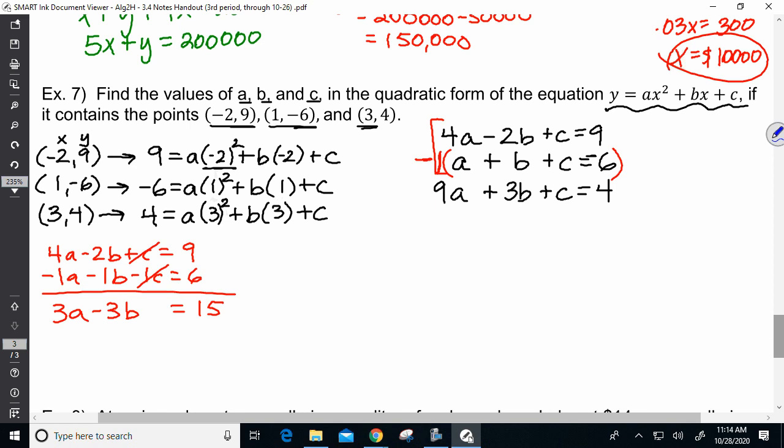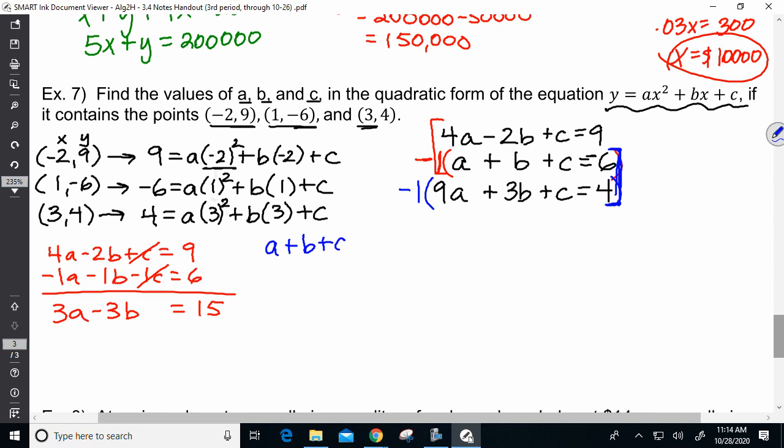So now we have to get rid of the C again. Let's use the bottom two equations. We can do the same thing. Multiply one of them by -1. So notice you're starting to get a lot going on in the problem, so you got to pay attention to what you're doing now.